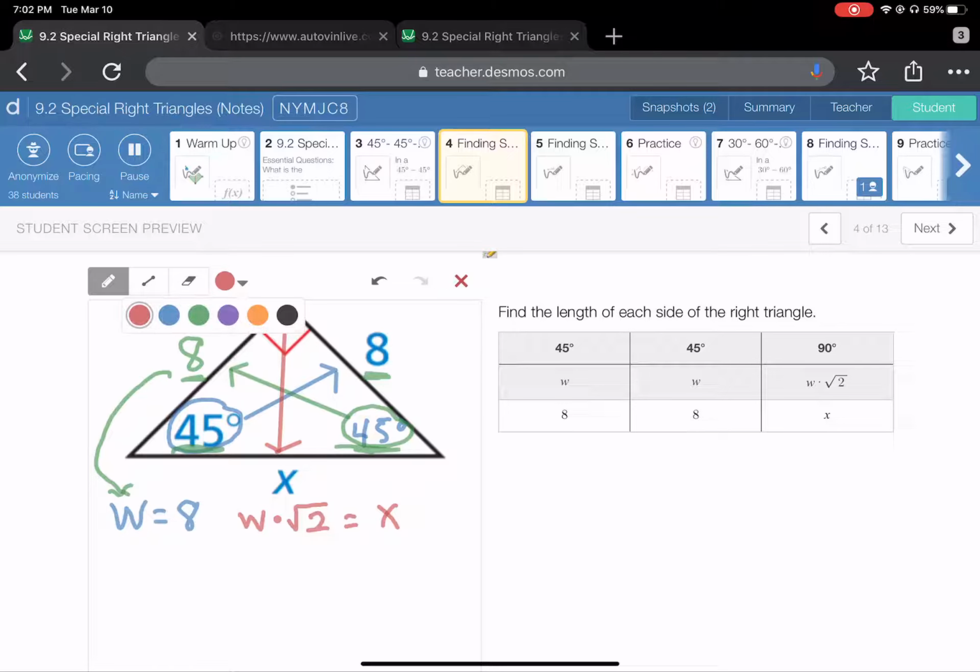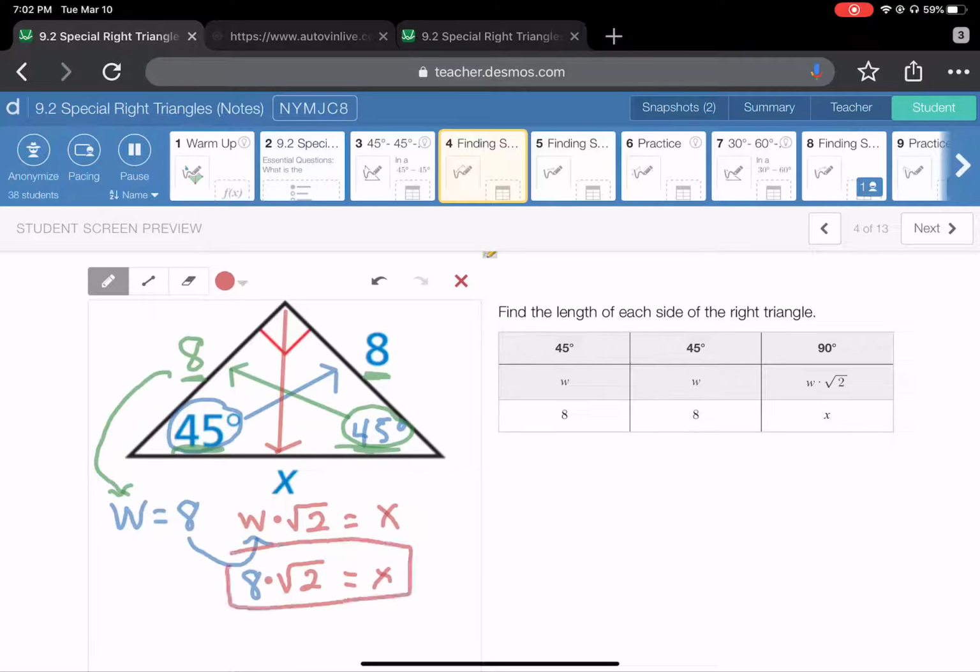Now what we have is W times the square root of 2 is equal to x. I'm going to substitute the value that we found for W, which is 8. So 8 times the square root of 2 is equal to x. Now we know what x is equal to.